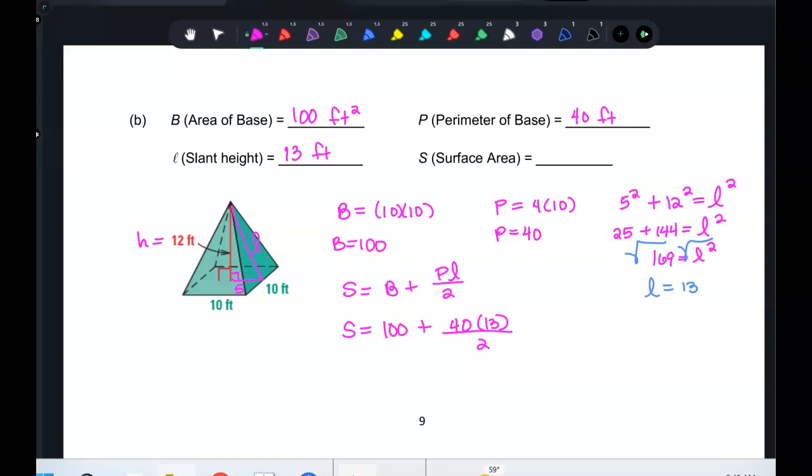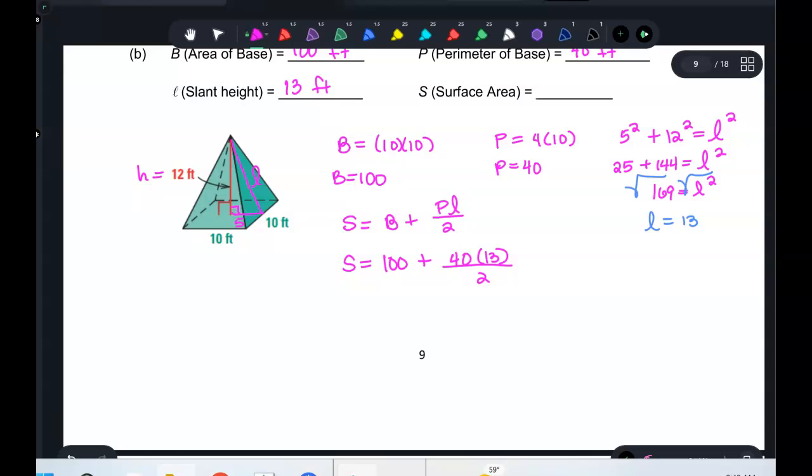Oh, Avery just asked me to do this one the other way. So instead of doing the 1/2 perimeter times L, I'm going to show you could also do this. It's the same thing. Whichever one you like. So this will be 100 plus 260. So 360.